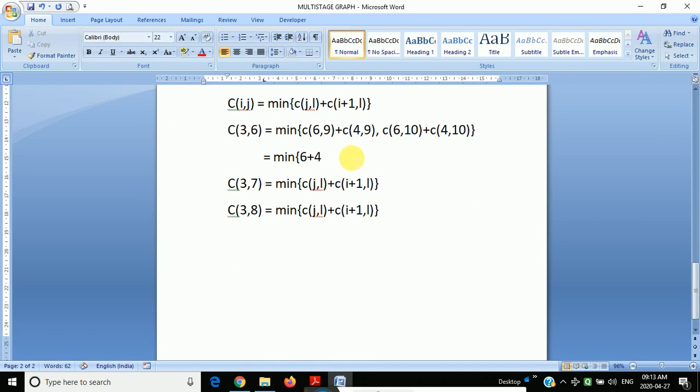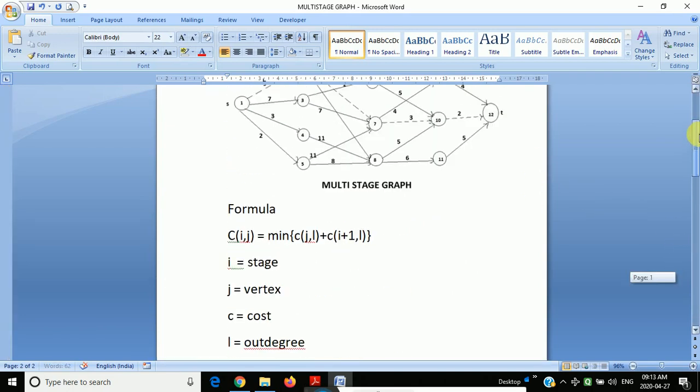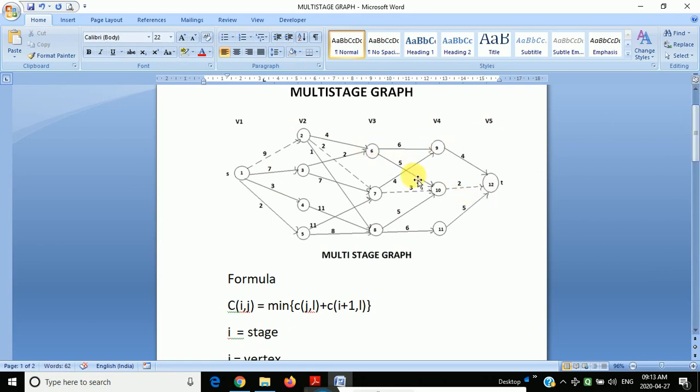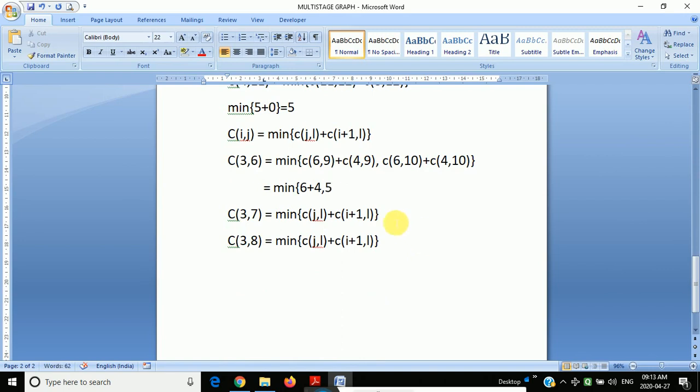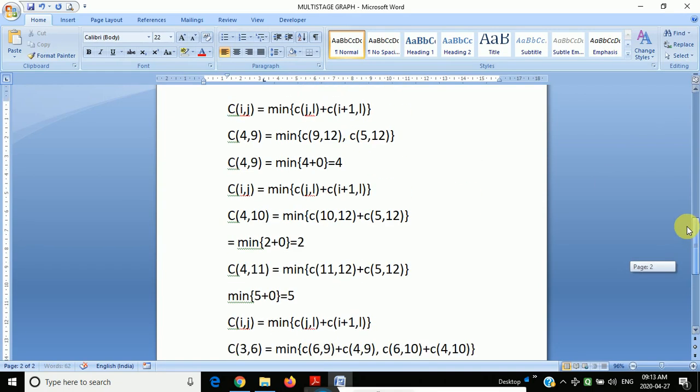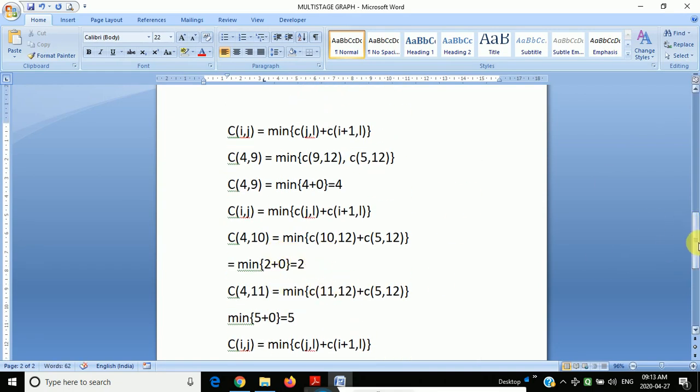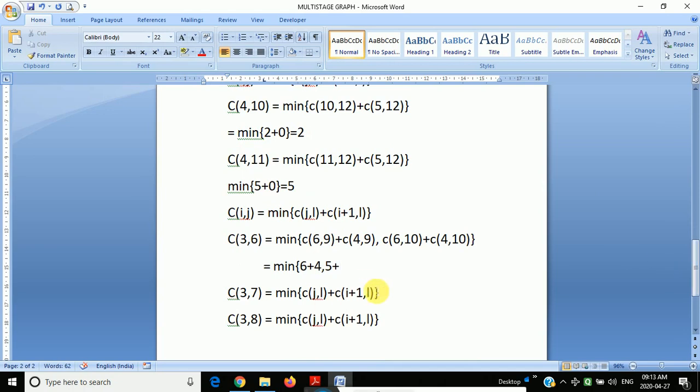Put here 6 comma 10, whose cost is 5. So here I'll put 5, that is 6 comma 10, plus 4 comma 10, previous stage 4 comma 10, which is 2. That we have to consider 2.